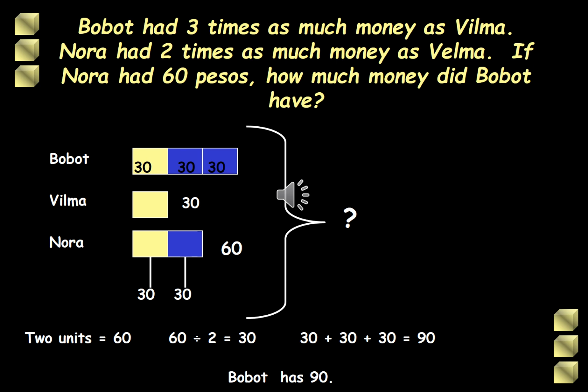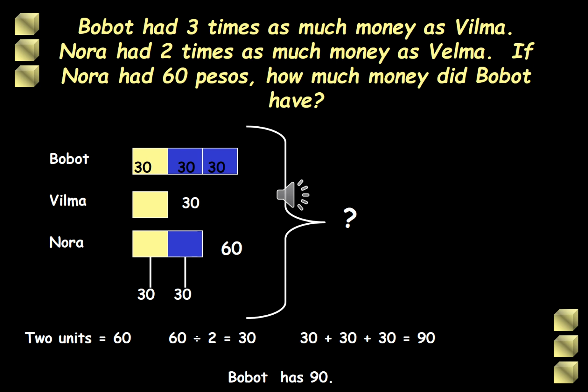Now, in the illustration, it can also be seen that Bobot's bar model is divided into 3 equal units, because the relationship of his money with Vilma's is that he had 3 times as much money as Vilma. And with that, we know that Vilma, having 1 unit, is equal to 30 pesos.